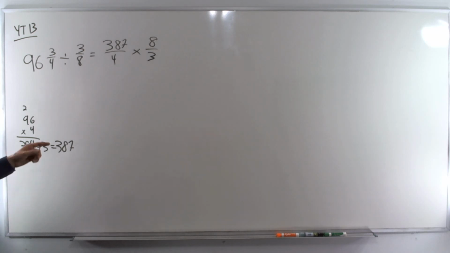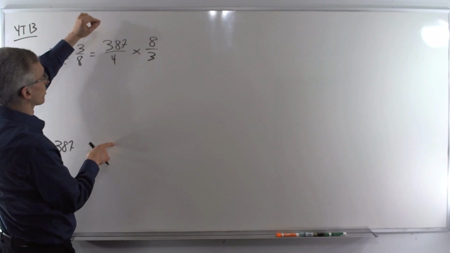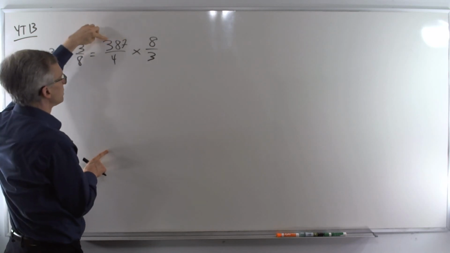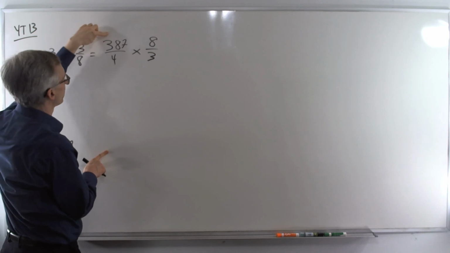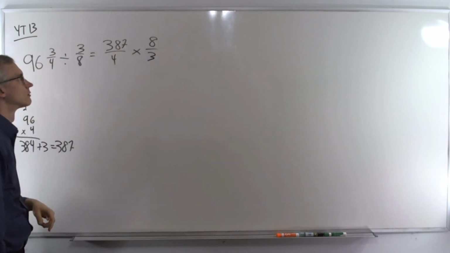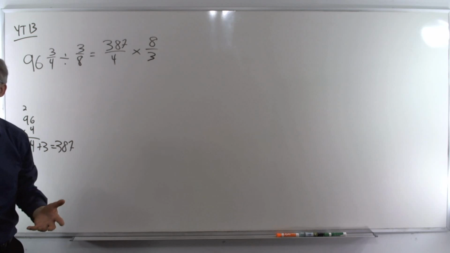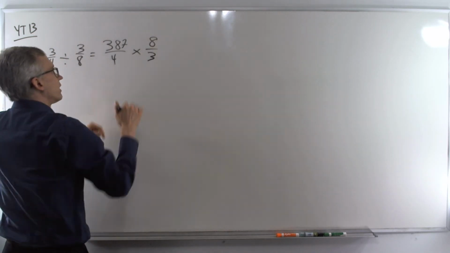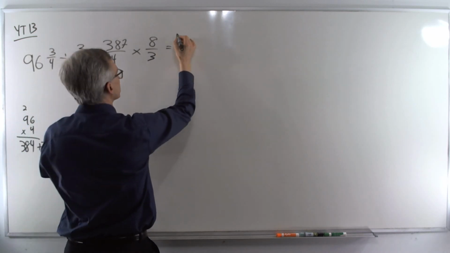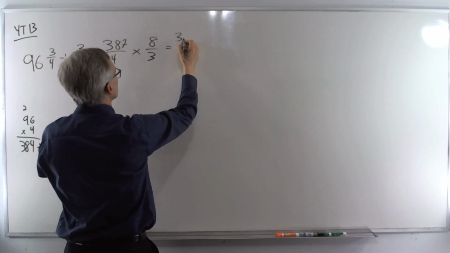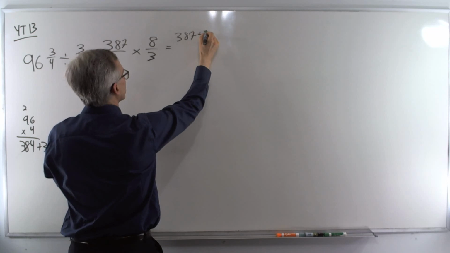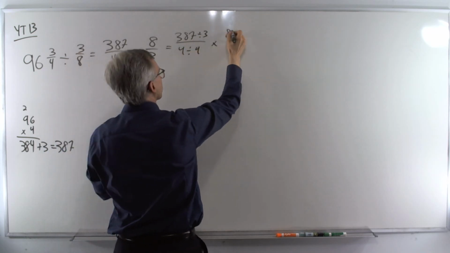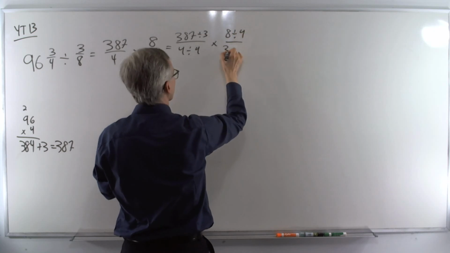Now let's see here if we've got a common factor of 3. So we're going to use our 3 trick, add up the digits. 8 and 7 is 15, plus 3 is 18. 18 is divisible by 3. Therefore, 387 is divisible by 3. So we do have a common factor of 3 between those two. And 4 of 8, we have a common factor of 4. So we're going to do 387 divided by 3, 4 divided by 4, 8 divided by 4, and 3 divided by 3.